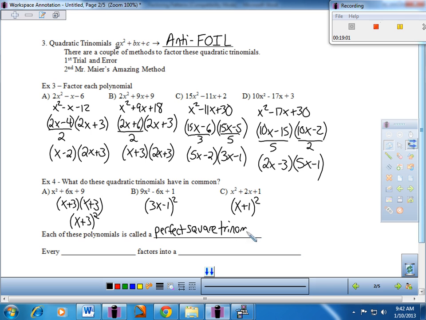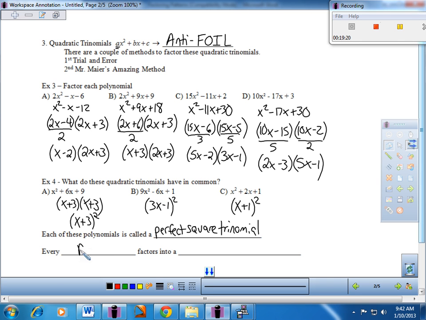And we don't have to go into all the little algebraic reasons why that is. You can see, though, perfect square in the front and perfect square in the back, and then the middle term also has some format to it that makes it a perfect square trinomial. But regardless, that's okay.